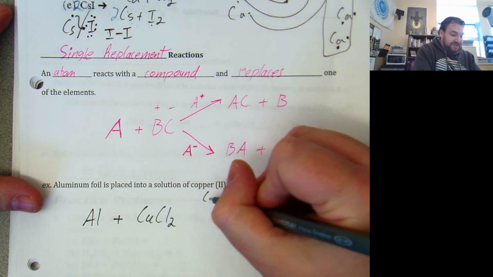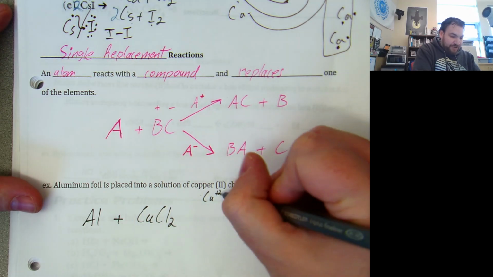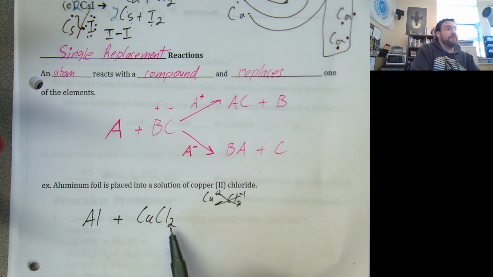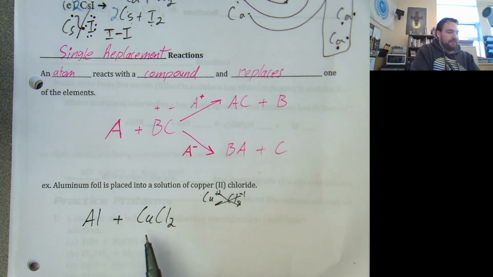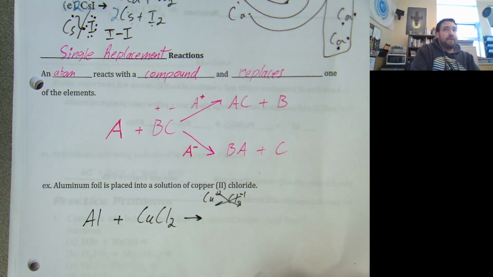Because copper 2 is Cu with a charge of +2, chlorine has a charge of -1, you swap and drop, and now we've got CuCl2. So there's my aluminum. It's going to react with a solution of copper 2 chloride. What's going to happen? What is going to swap? The Al and the Cu.